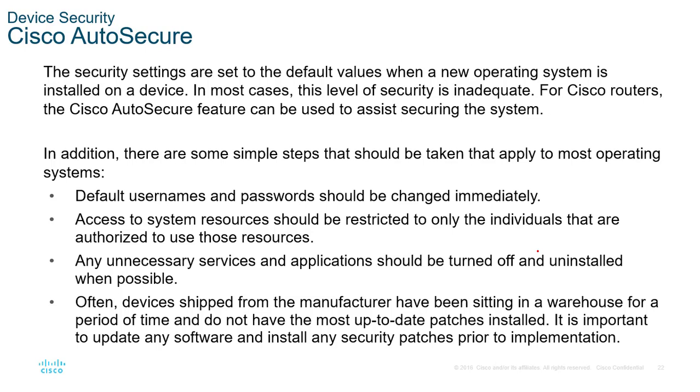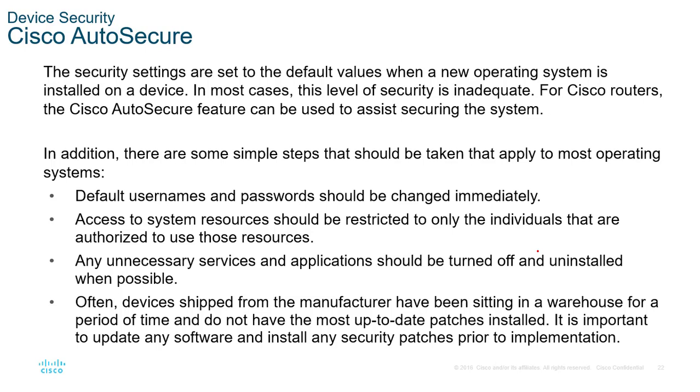The security settings are set to the default values when a new operating system is installed on a device. In most cases, this level of security is inadequate. For Cisco routers, the Cisco AutoSecure feature can be used to assist in securing the system.